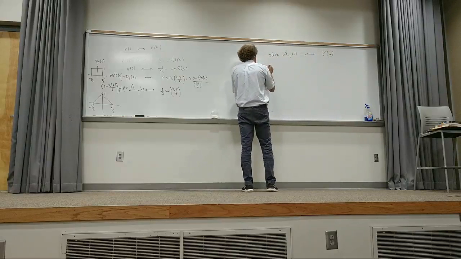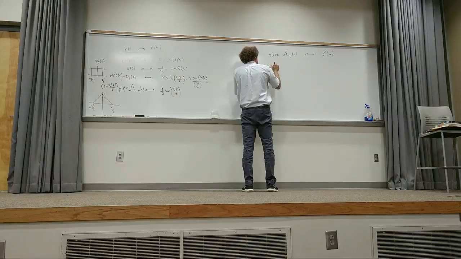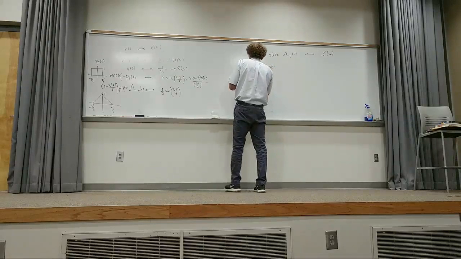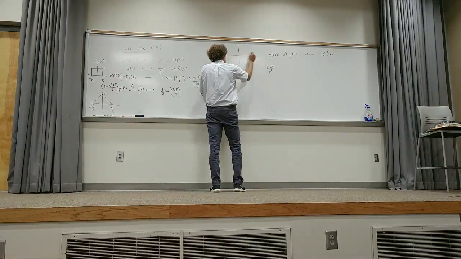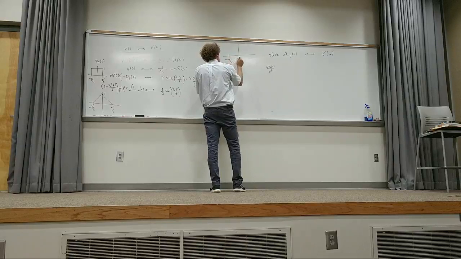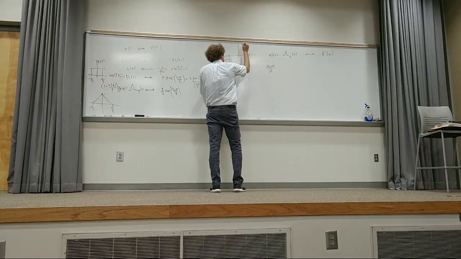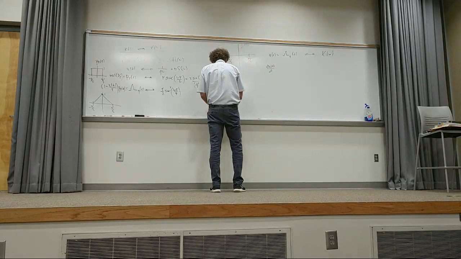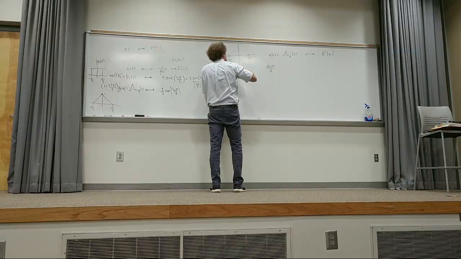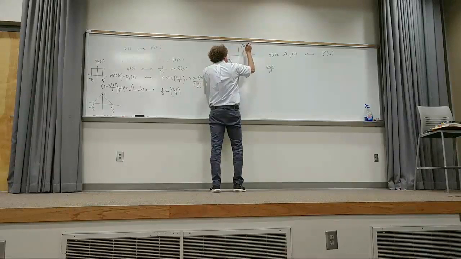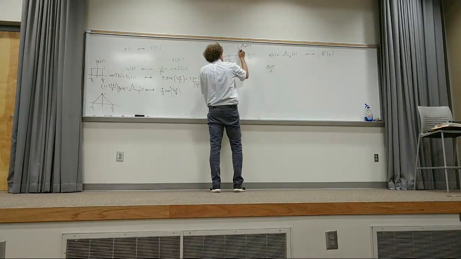Now, when I take a derivative of x of t with respect to t, what do I get? Think about it. If this is minus tau over 2, and this is tau over 2, and this is my triangle function of t, then when I take a derivative, it looks like this, right?